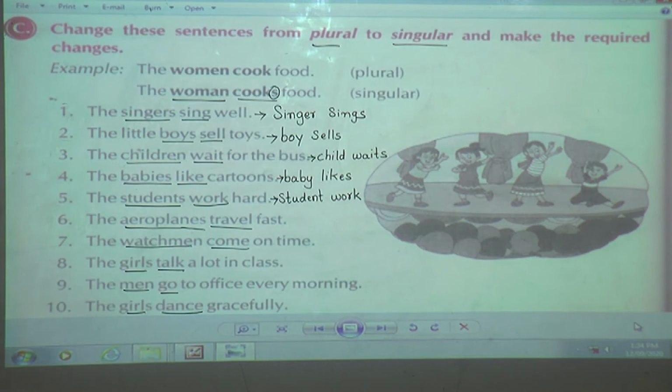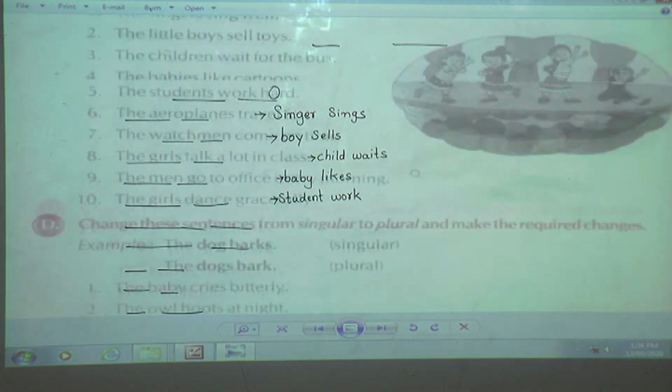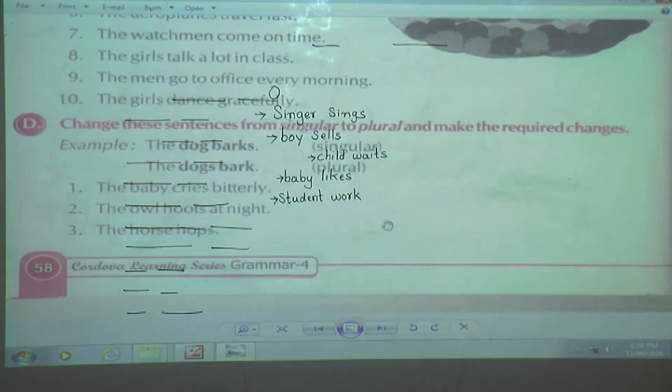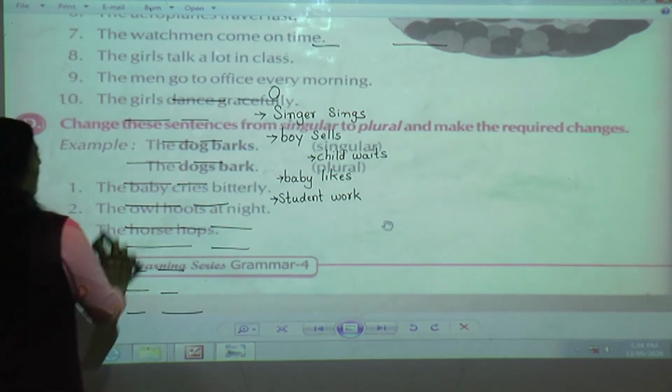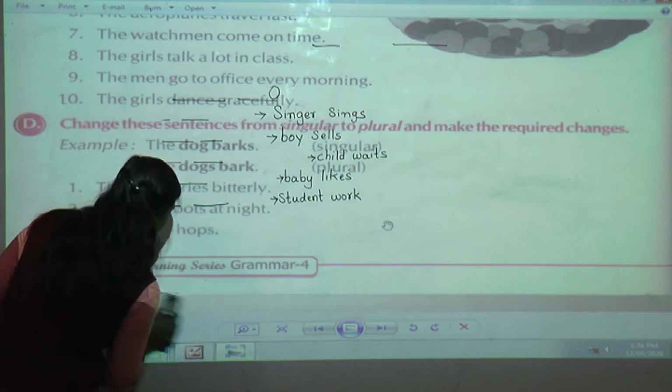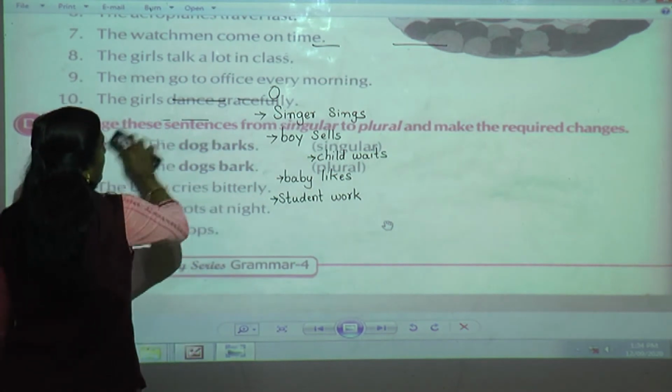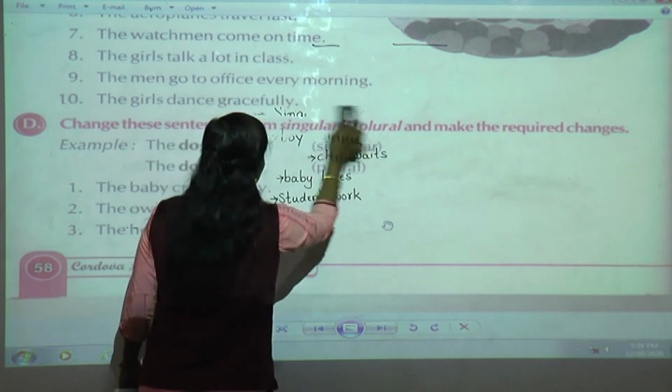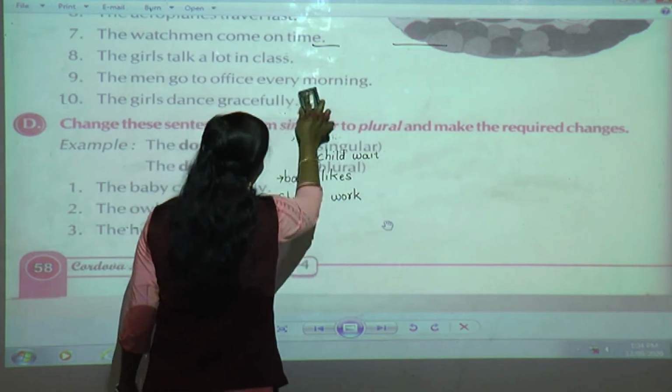I hope that you have completed. Done. Okay. Exercise D. Now here we have to do the same thing, but just the opposite. In exercise C, we changed from plural to singular.